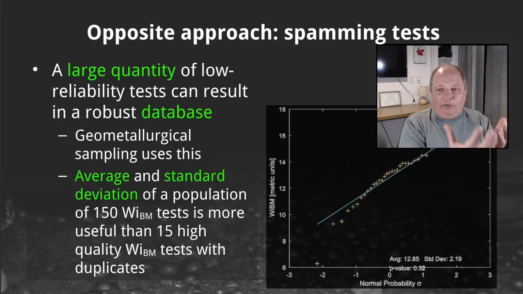So a highly noisy test, if you repeat it enough times, will generate a useful average number and a standard deviation number, but you're generating population statistics here. So you can use that as a way to characterize ore bodies using things like, again, this QQ plot you see behind in the figure.